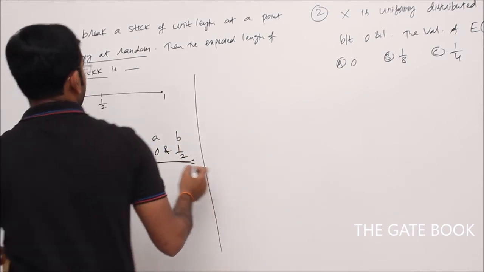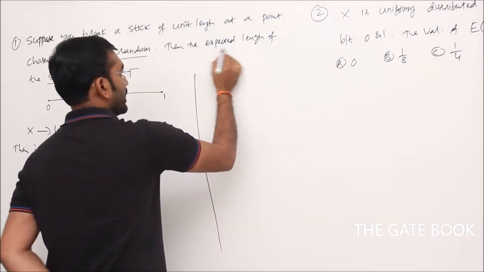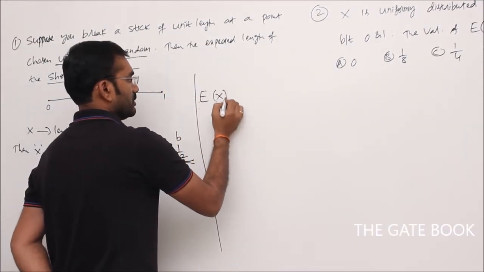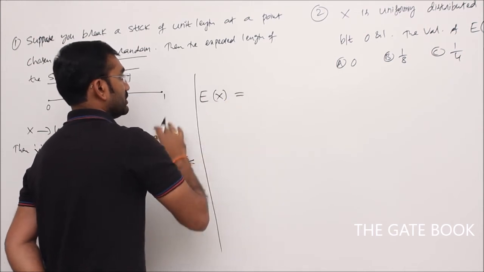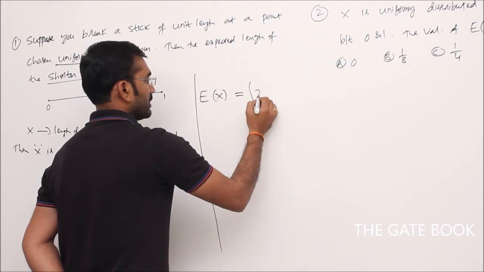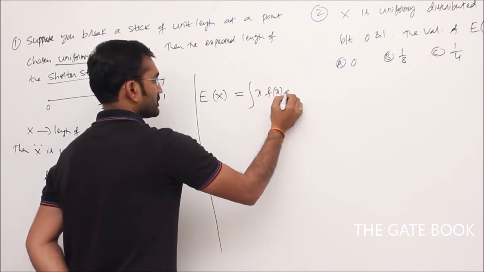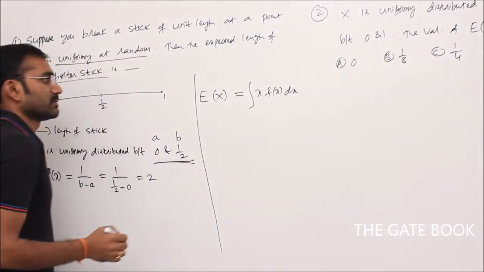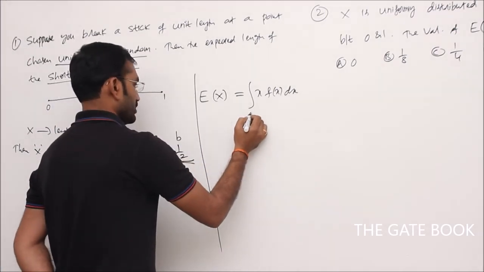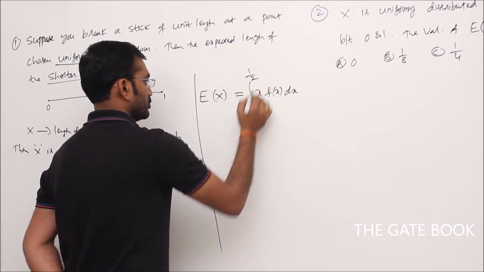Now, expected length means that we find the expected value, nothing but the mean. Here x is a continuous random variable, so to find the mean I will apply the integral of x into f(x) dx. What about the limits? The limits are the lower limit a to b, which means 0 to 1 by 2.